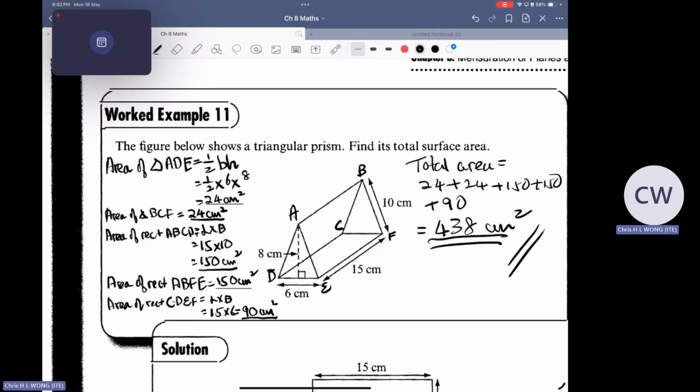They must tell you. How do you know this is 10? It could be 11, right? So this one didn't say. They must tell you.